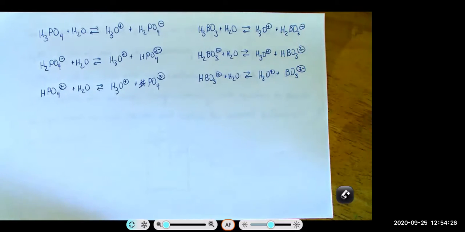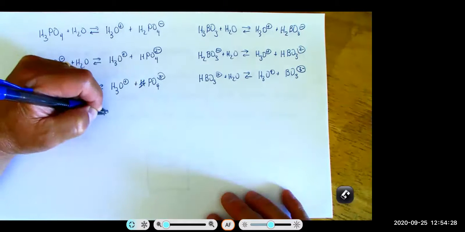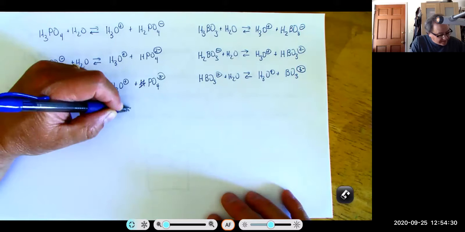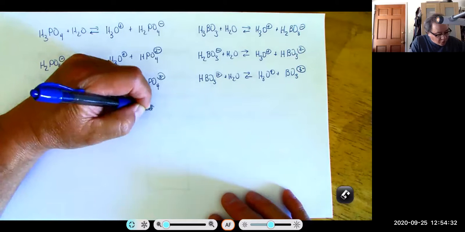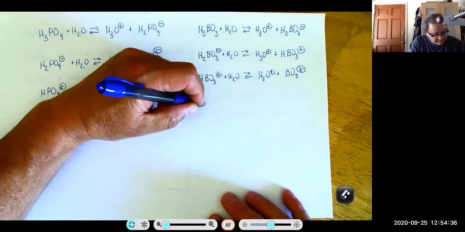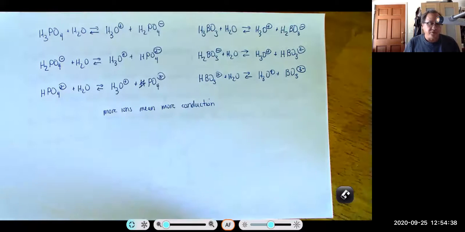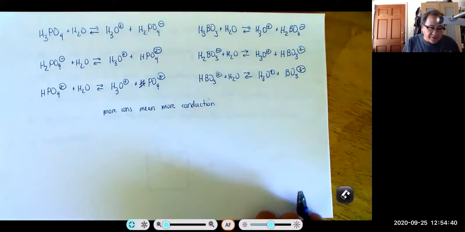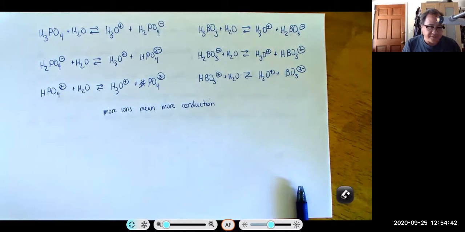Well, it turns out that more ions means more conduction. The more ions you have, the brighter the light. All right.